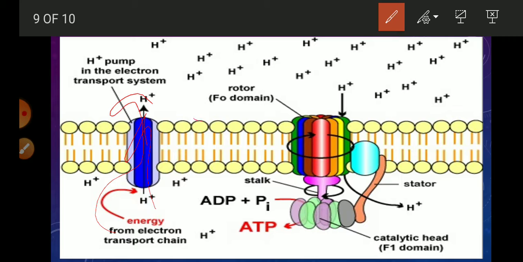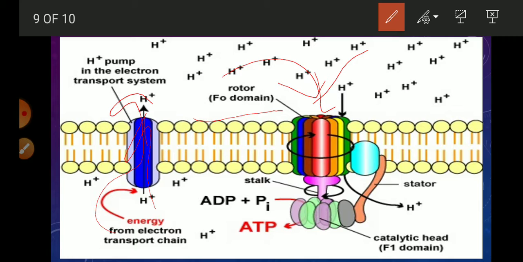The rotor, that is the F0 domain, just runs in a circular motion, by which protons move inside through this F naught particle.